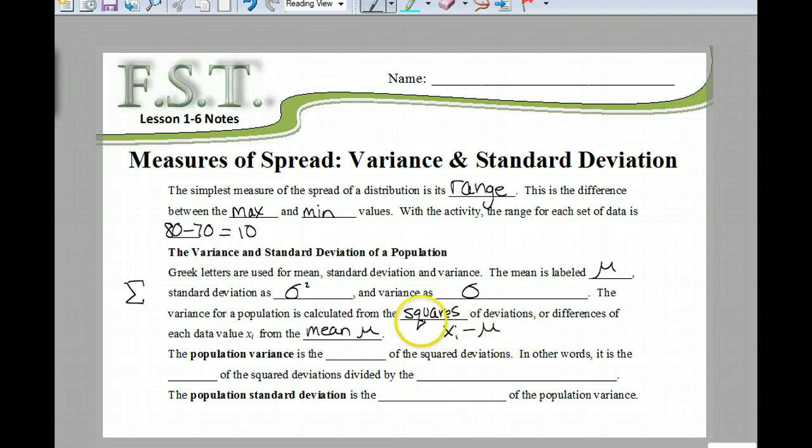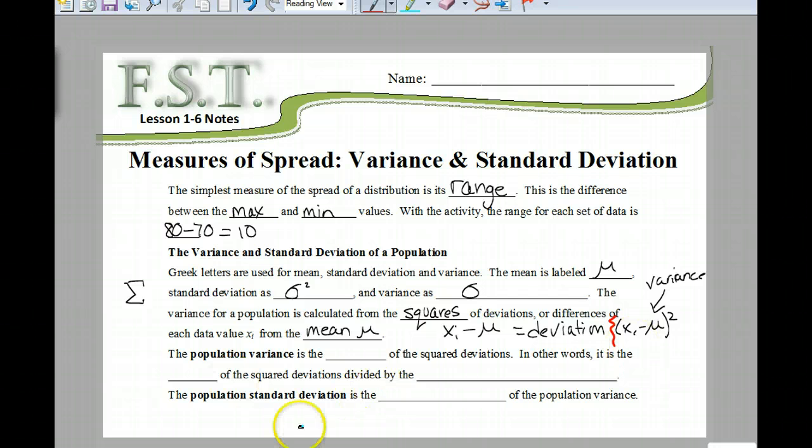So if you're looking at the squared deviation, that's the variance. So xi minus mu is a deviation, and xi minus mu squared is a variance. Okay? I'll give you some specific examples in just a minute, okay?